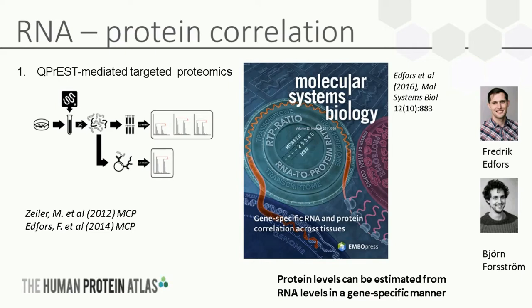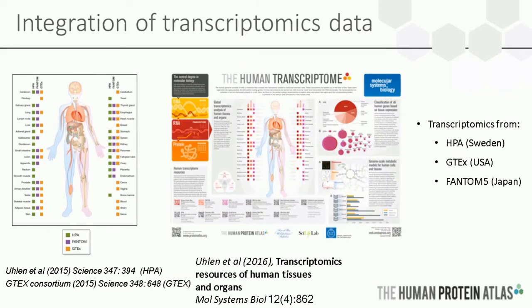We were able to look in detail at the correlation between RNA and protein levels, and in an article a few months ago, we concluded that protein levels can be estimated from RNA levels if you do it in a gene-specific manner. And this, of course, means that we can use this genomics tool, RNA sequencing, to study the corresponding proteins, which is very useful.